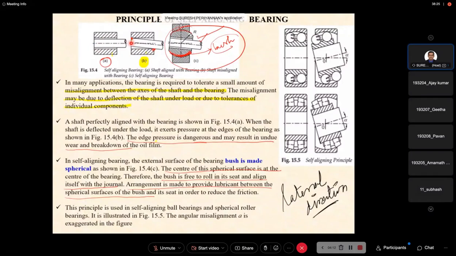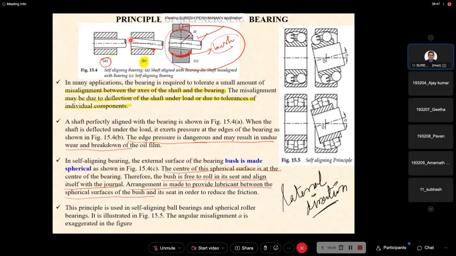But during power transmission, due to some misalignment, there may be an error in manufacturing, in the hole diameter or shaft diameter. Then during power transmission, the bearing will tilt like this.